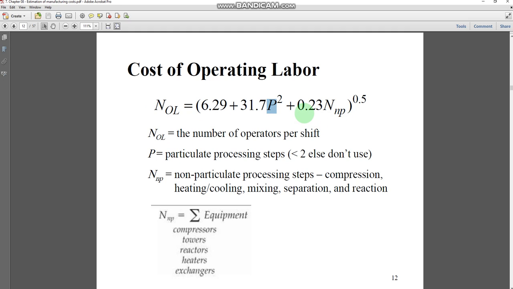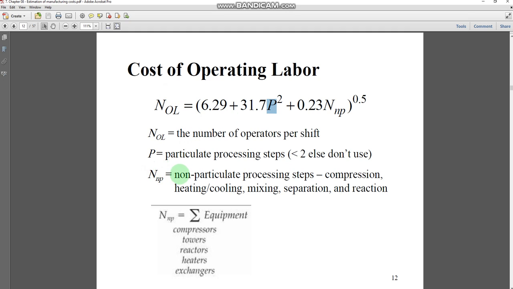This equation you can only use if your plant includes fewer than two particulate processing steps, that is, the solid treatment steps. If the value for the particulate processing steps is greater than 2, then you cannot use this equation. If it is less than 2, you can use this one, otherwise you cannot. We will see this in the example also.